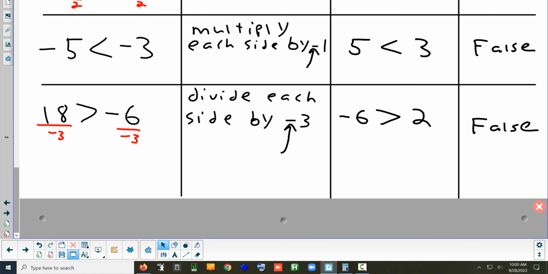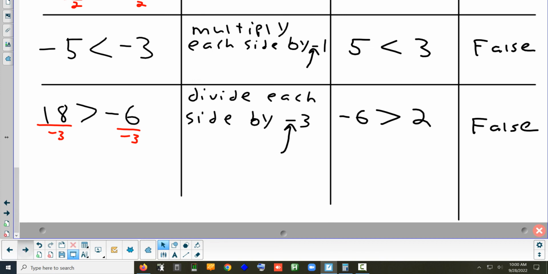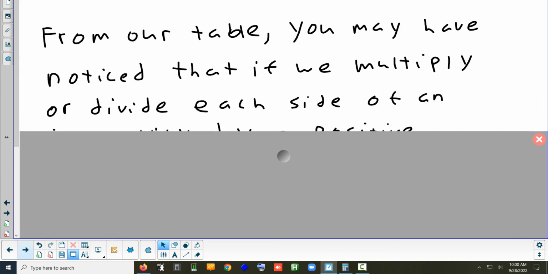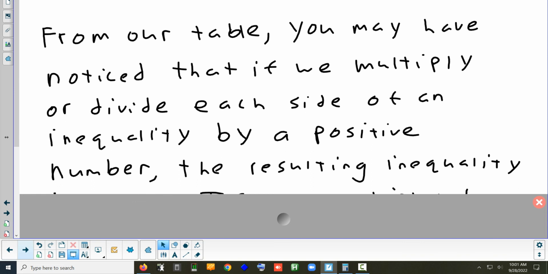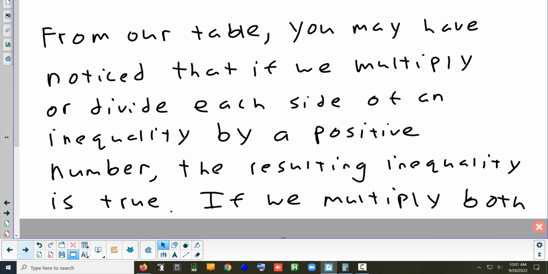I'm going to show you what we have to do. It is okay to do it, you can multiply and divide by a negative number. But to make it work, you're going to have to do something. I'm going to write down what you have to do. So again, you guys can just read this, but hopefully notice the pattern. If you multiply or divide each side by a positive, it worked fine.